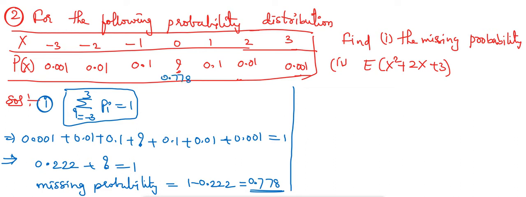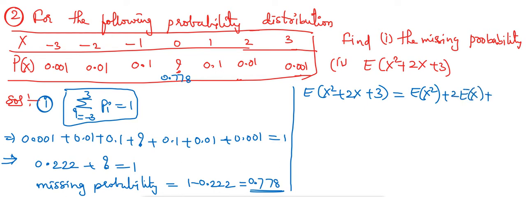And the second one is E of x square plus 2x plus 3. By the linearity property of expectation we can expand it as E of x square plus 2, which is a constant, times E of x, plus E of 3, and E of 3 is 3 only.